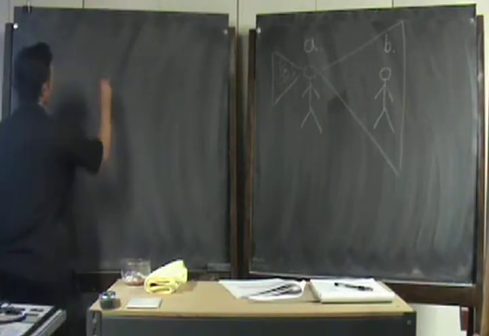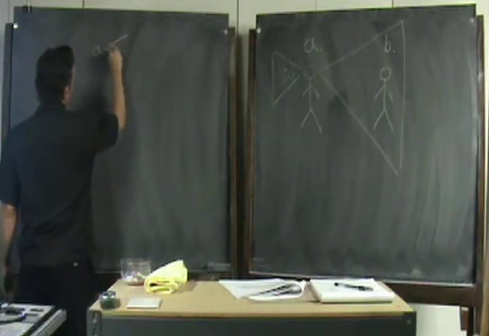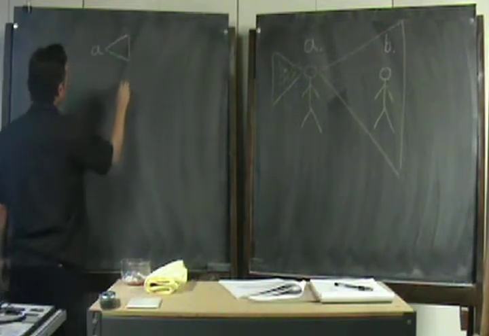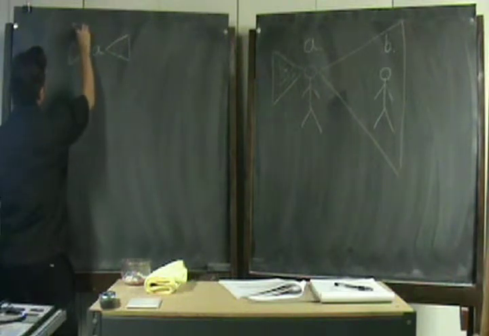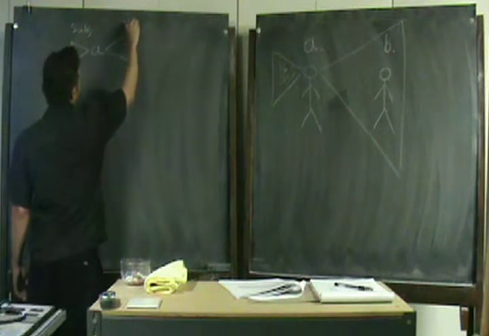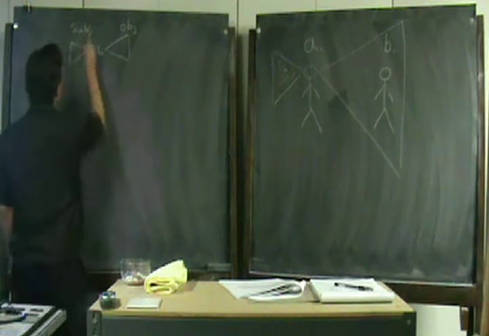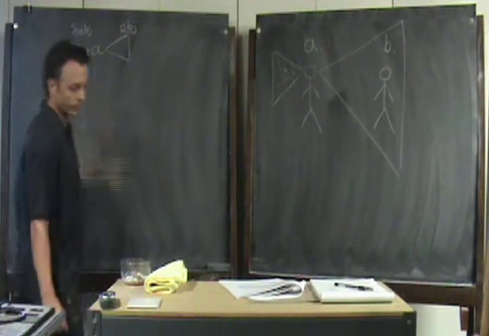So A's objective frame of reference, A's subjective frame of reference, and we'll go ahead and denote that as such. So here's A, its objective frame of reference, and here's a subjective frame of reference. Physical, non-physical.